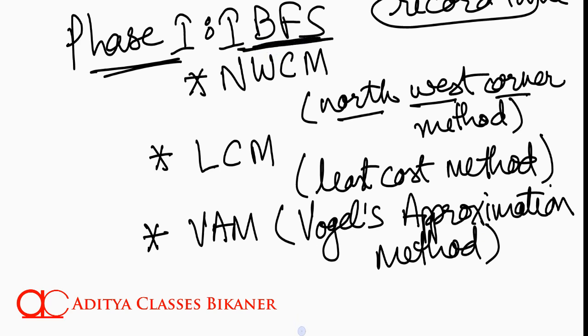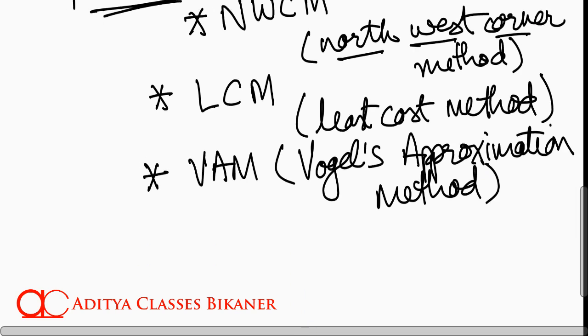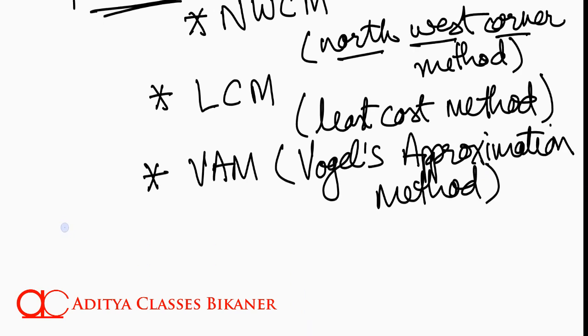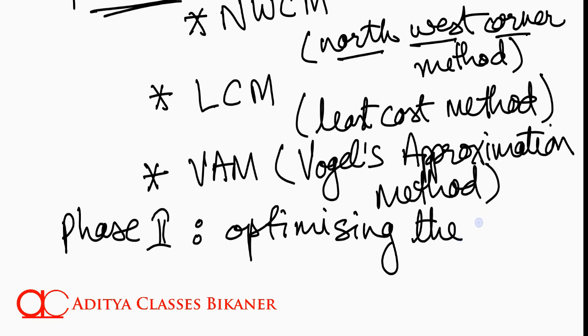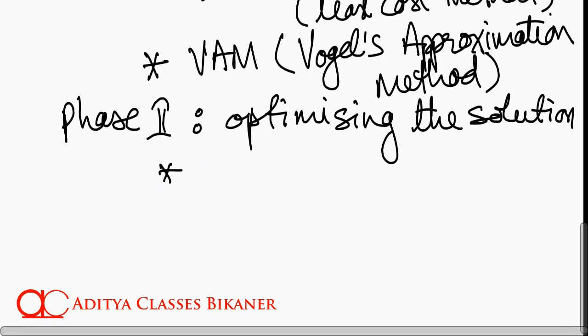Once we are through with these initial solutions, we'll move to second phase. Second phase is that of optimizing the problem, optimizing the solution, optimizing our assignment. For this, we'll be making use of two methods. We could use either one. We'll learn these two methods.